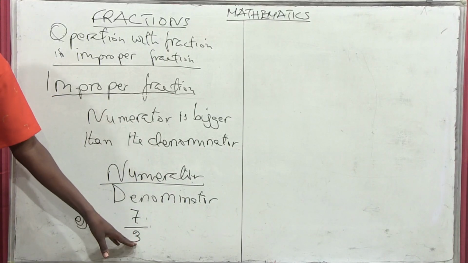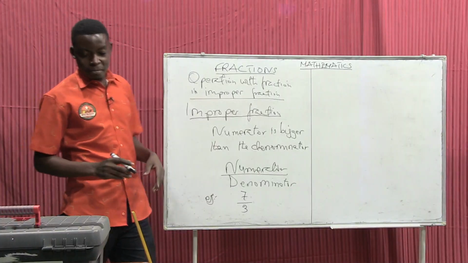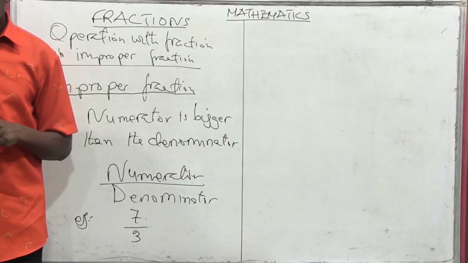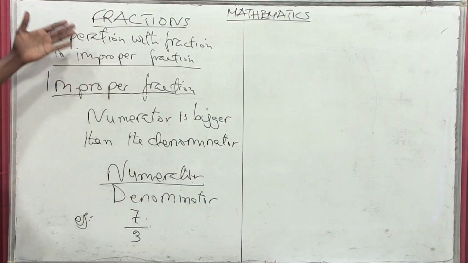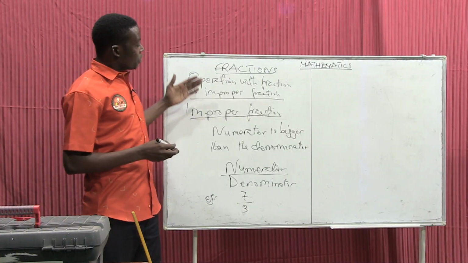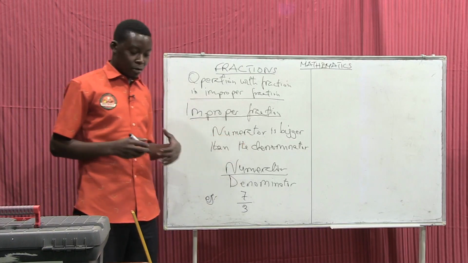So this one is called an improper fraction. I was trying to remind you what we discussed in the last period. So what we are going to do today is look at some operations concerning improper fractions.